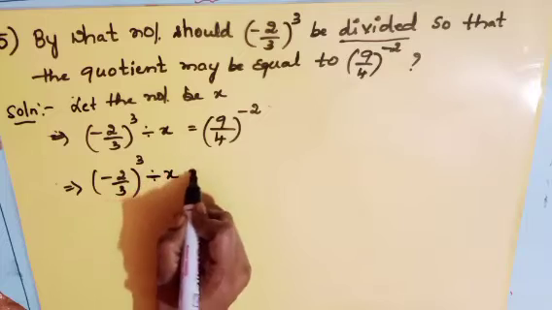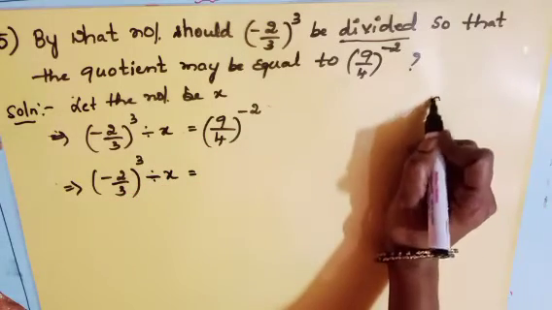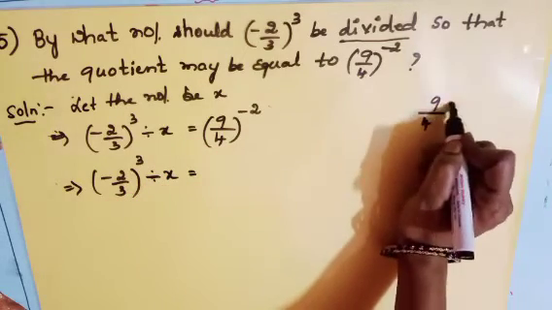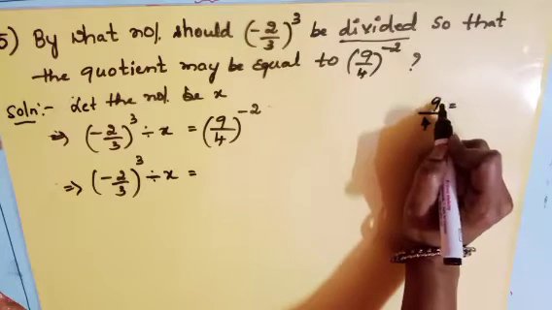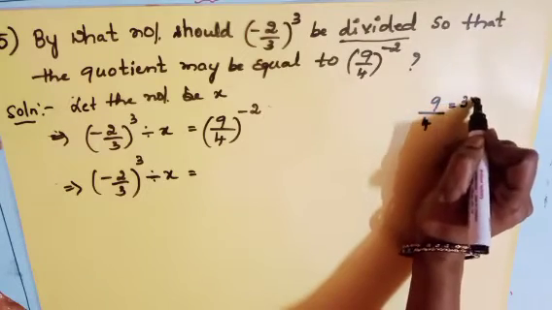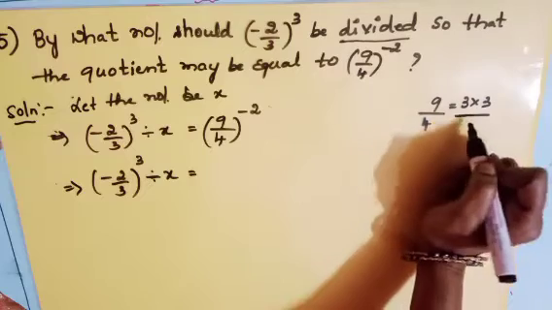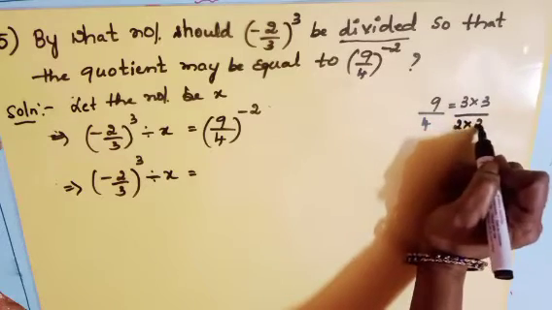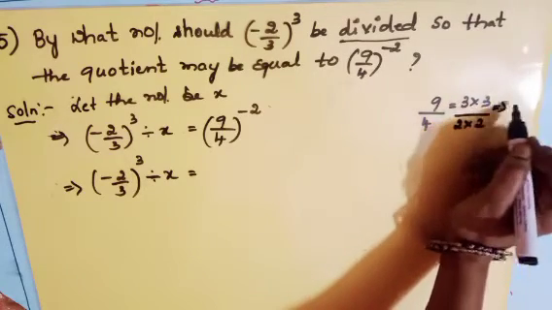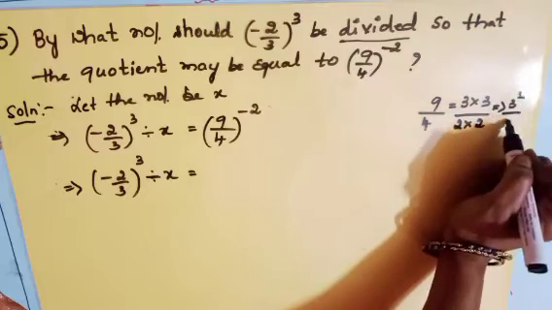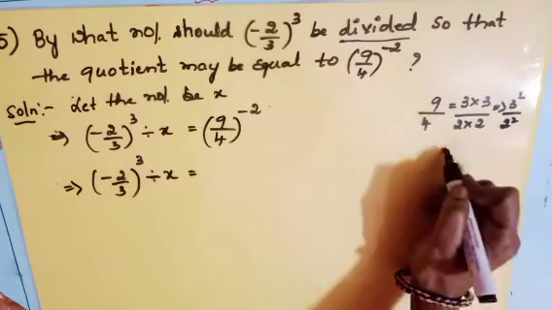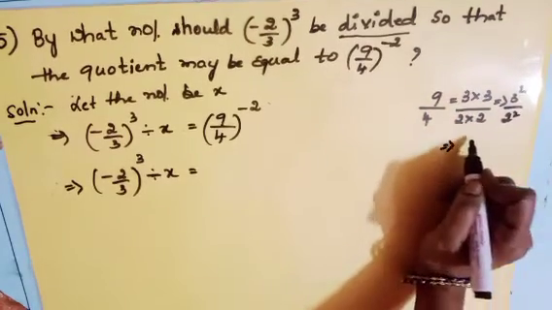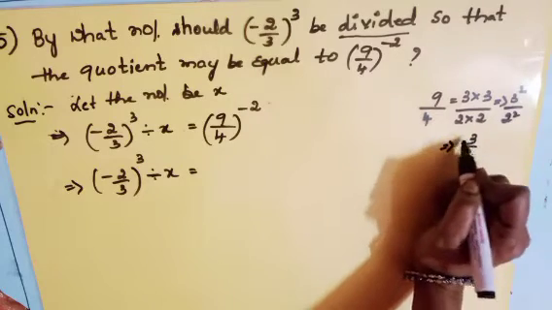x equals to, see here, 9 by 4 can be written as, the factors of 9 is 3 into 3. The same way, the factors of 4 is 2 into 2. Or this can be written as 3 square by 2 square. That is, we can write this as 3 by 2 whole to the power of 2.